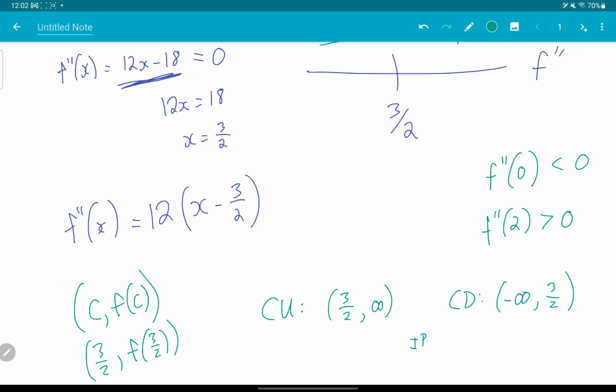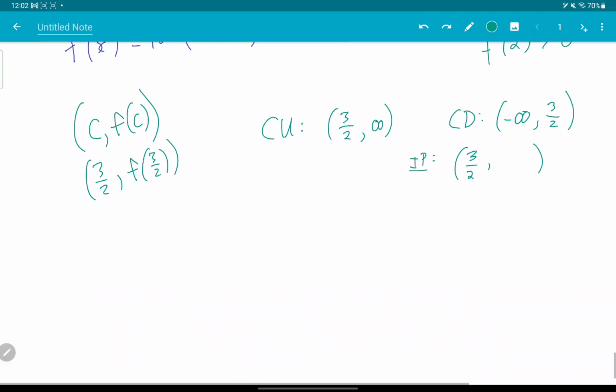This is going to be tedious. I think I will just skip that calculation and cheat and look. But I want to make extremely clear that to find this y value here, I need to take my 3 over 2 and plug it back into my original function f.